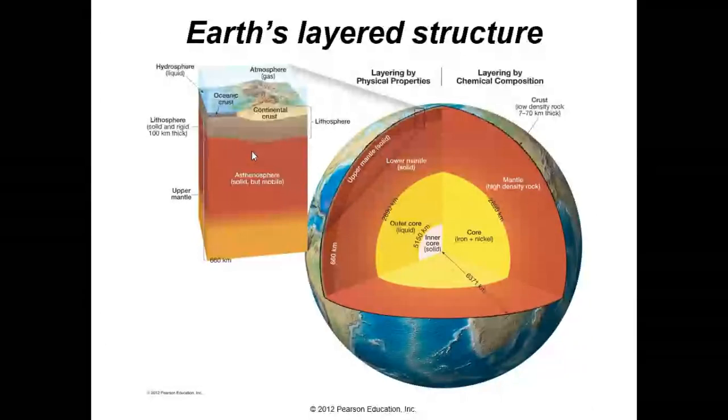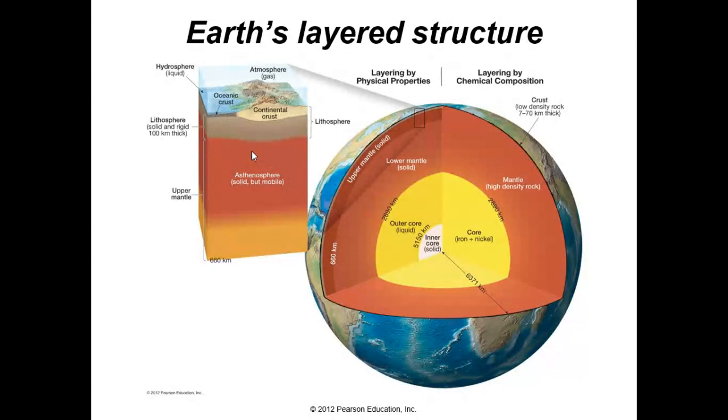The way I like to describe the asthenosphere is a lot like hardened putty, where if you press hard enough on hardened putty, you can actually get it to deform, even though it is technically hardened. The asthenosphere is pretty much like that, where it's made of rock that's so hot that it's close to melting.